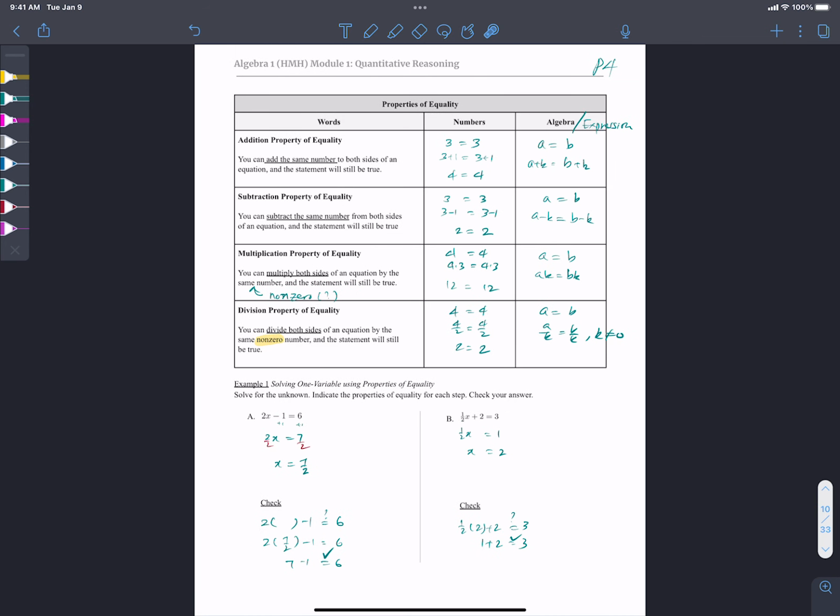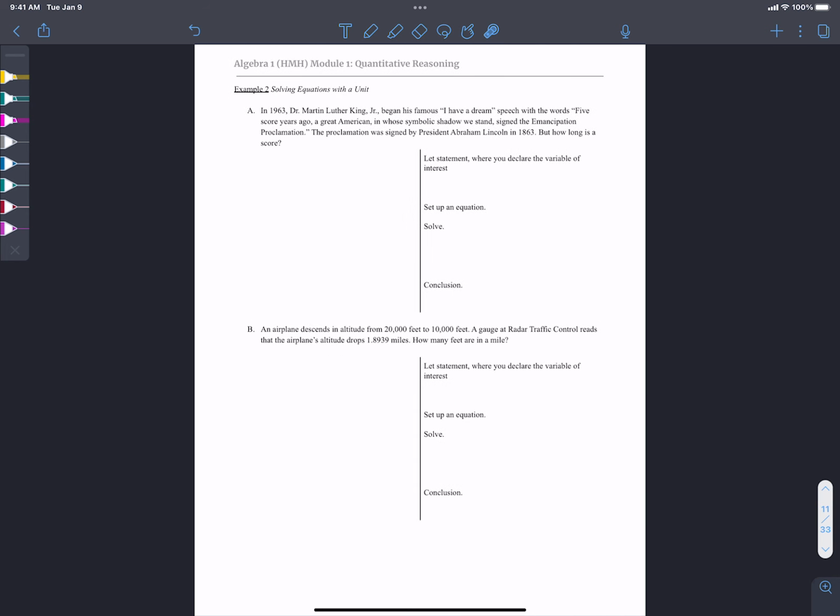Okie dokie. All right. So this is a quick recap of what we did today. Example, period 4, same thing. All right, guys. Why don't you go ahead and try to do this the best you can. But you need to follow this procedure. After you read this over here, guys, start with a let statement where you declare the variable. Then, using the let statement and the given information, set up the equation.